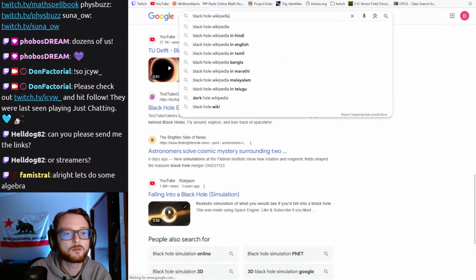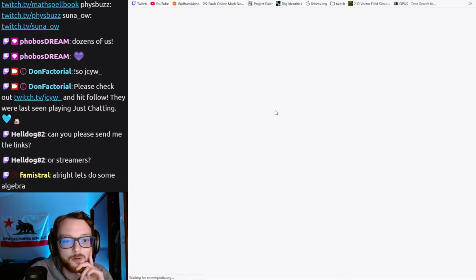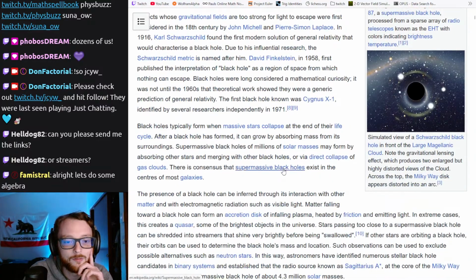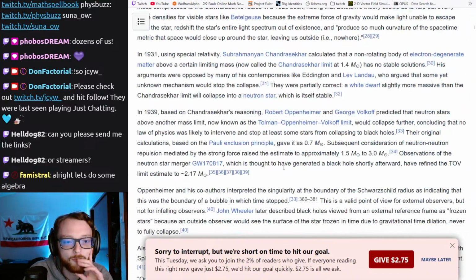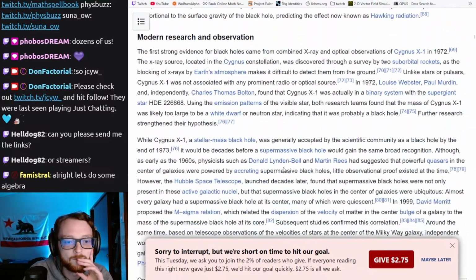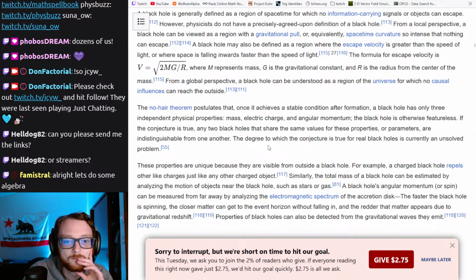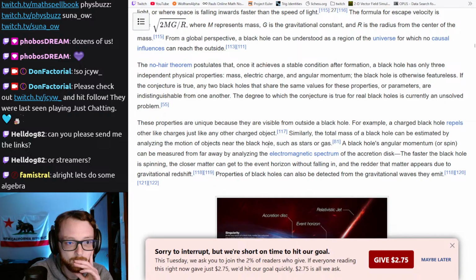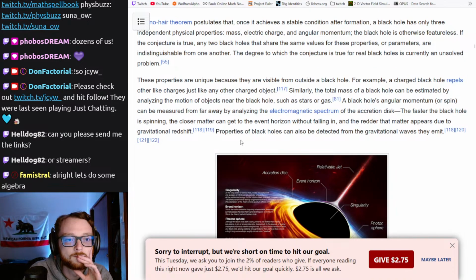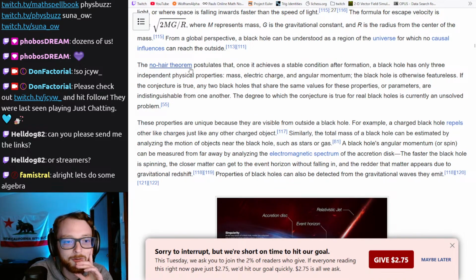Let's just look at the black holes Wikipedia page. Like, what equation do they use to model black holes? The no hair theorem?